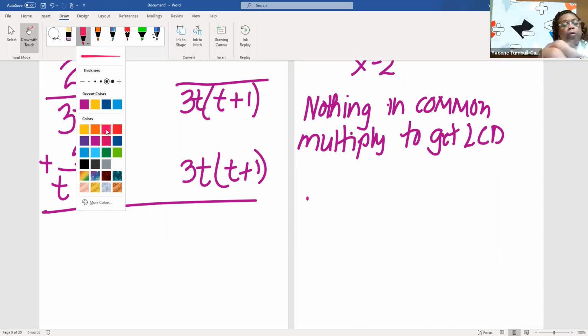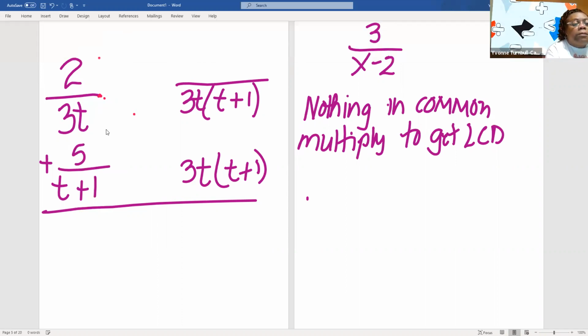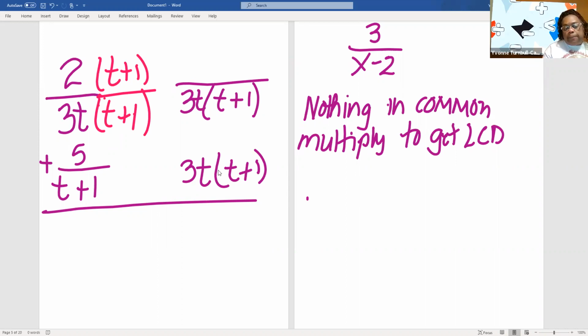So in order to get a new numerator, we have to multiply both the top and the bottom by t plus 1. Down here, what is my new denominator? What's here, but not here? 3t. So that means we have to multiply the top and the bottom by 3t.